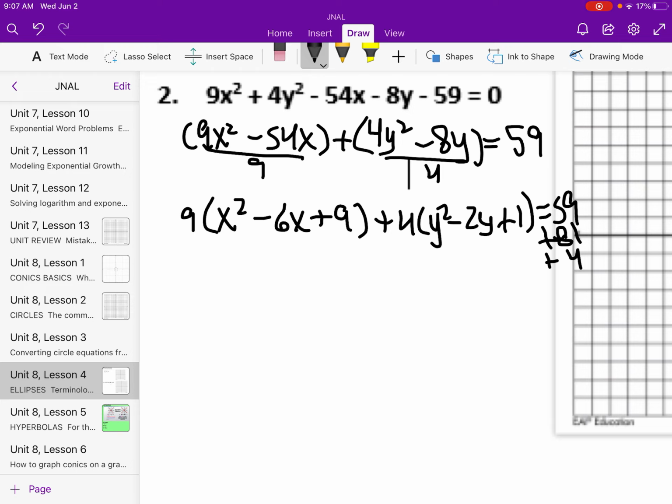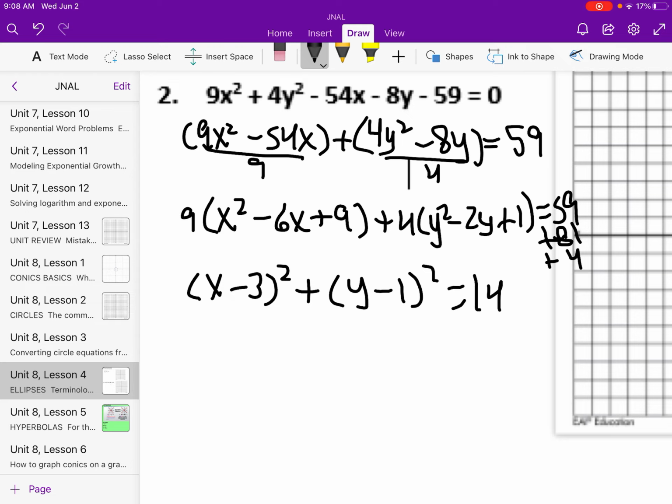Now we need to make this into our form like this. And because that would turn into that by our rule that we've already looked at with factoring, I'm not going to explain it. Then we would have our y minus 1 squared equals 144. And for this case, we actually need over here that to be 1.